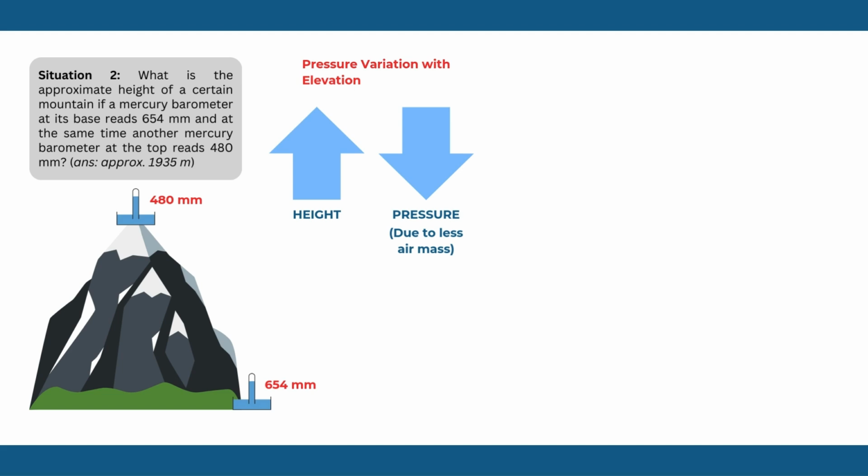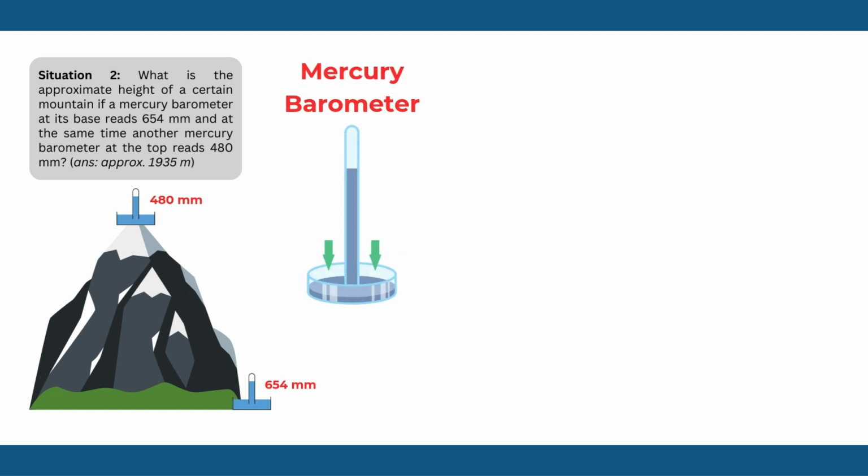Now, keeping this in mind, analyze muna natin kung paano nag-work ang mga mercury barometer para malaman natin kung paano natin may utilize to sa pag-solve ng problem natin. Technically, barometers are scientific tools used for measuring atmospheric pressures.